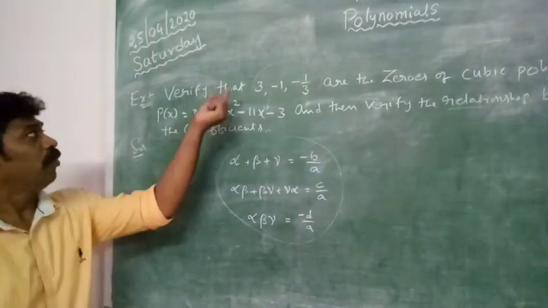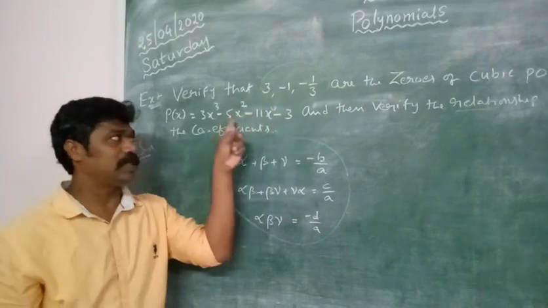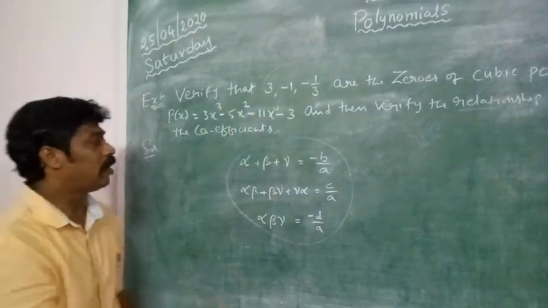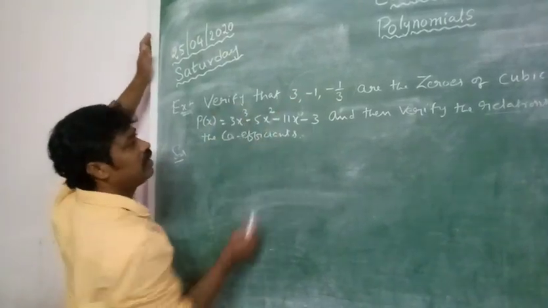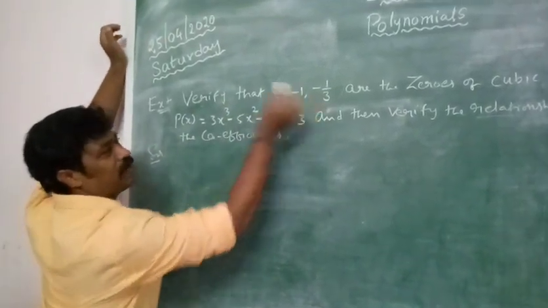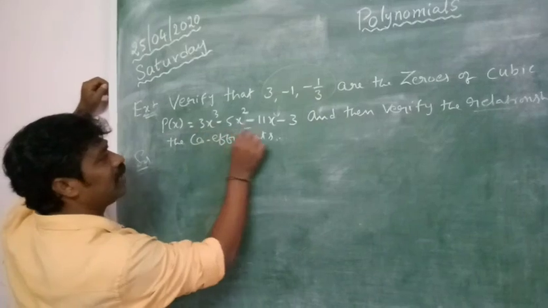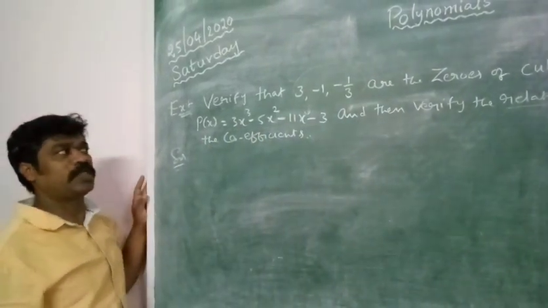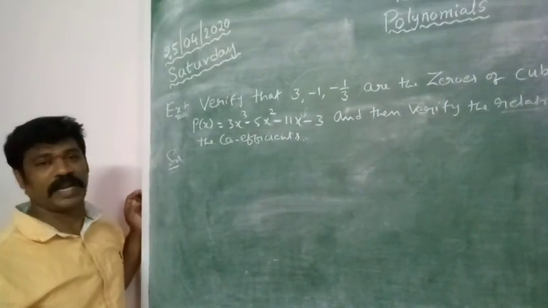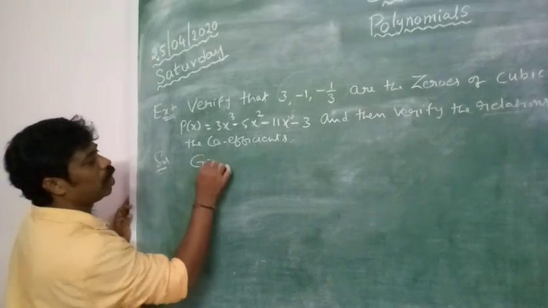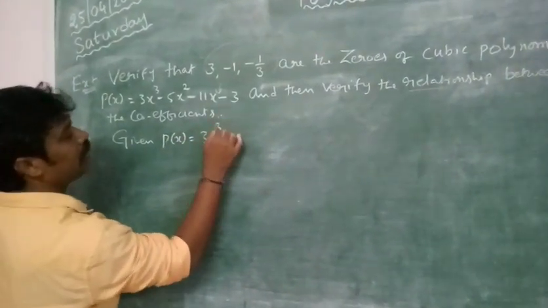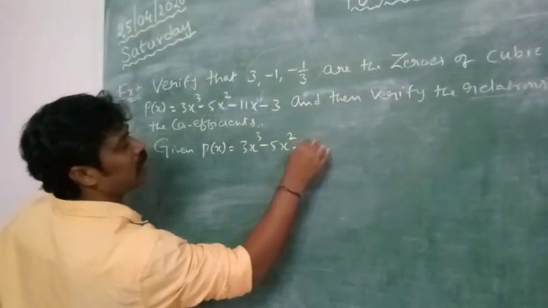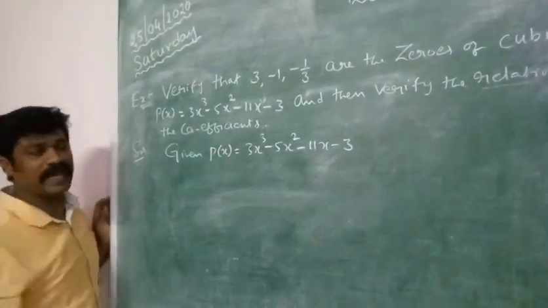First we have to verify that these 3 are the zeros of this polynomial, and then find the relationship between them. Now, first, what is given? 3, minus 1 and minus 1 by 3, and the polynomial is p of x is equal to 3x cube minus 5x square minus 11x minus 3. So first write the given polynomial: given p of x is equal to 3x cube minus 5x square minus 11x minus 3.